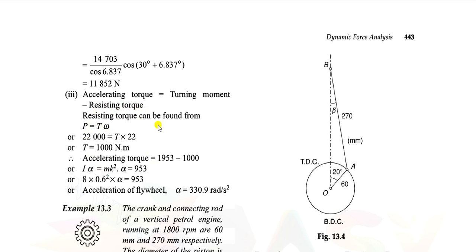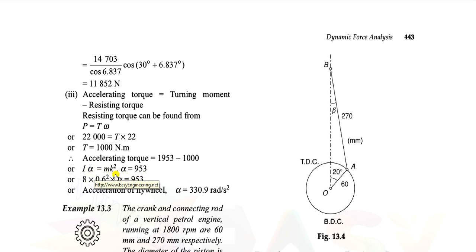Turning moment you already got, 1953, and this is your resisting torque, which will come because it is generating power also. So the net accelerating torque is 953. From engineering mechanics, if you know, the torque is equal to I into alpha, where I is mass moment of inertia and alpha is angular acceleration.